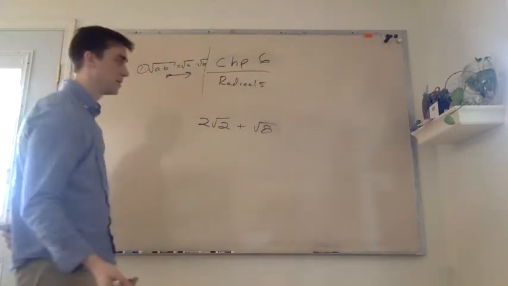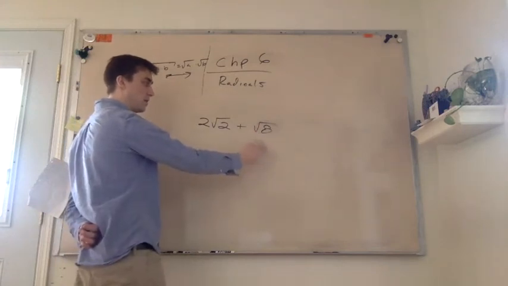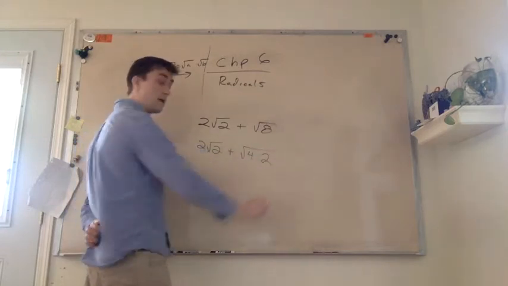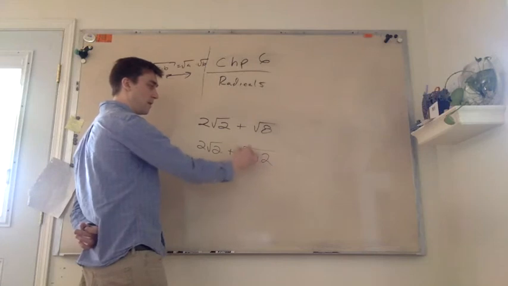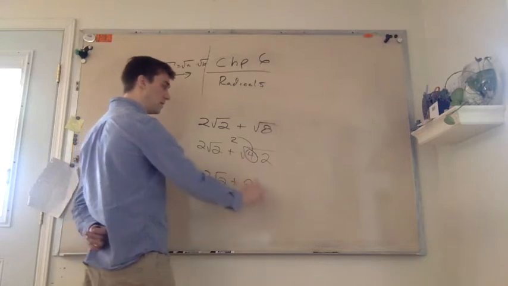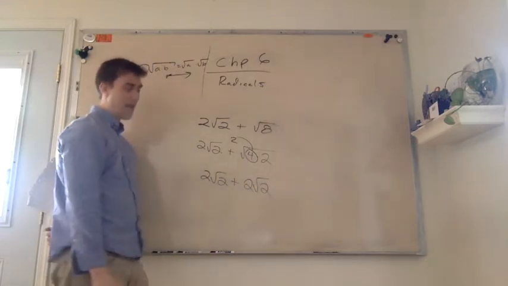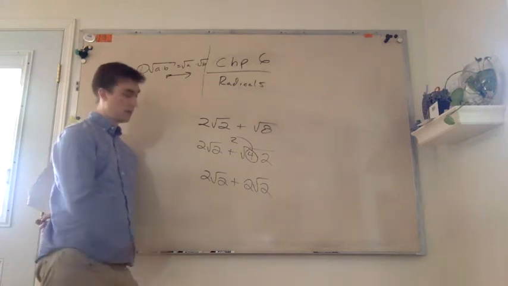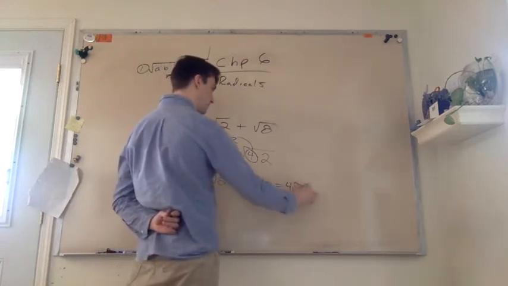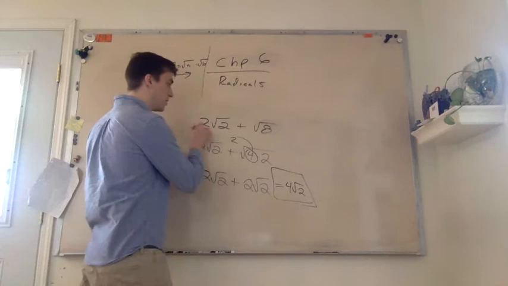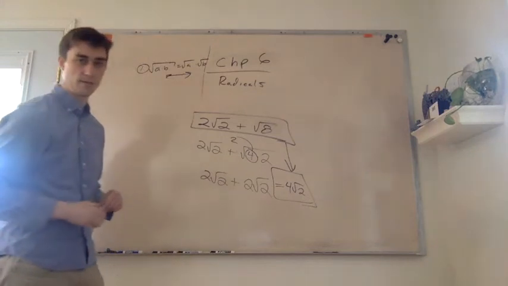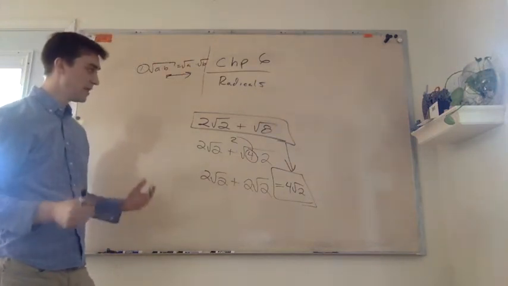Although, you can simplify the square root of 8. 8 can be written as 4 times 2, and the square root of 4 is 2, so the square root of 8 is 2 root 2. Bam! Now, after simplifying, they are the same. 2 root 2 plus 4 root 2 is 6 root 2. You're able to see that by simplifying.